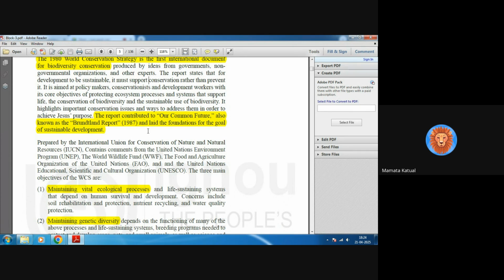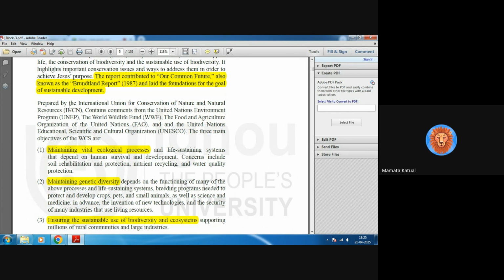It was prepared in 1987, and it laid the foundation for the goal of sustainable development. Today we know about sustainable development and its different goals, and their foundation is in the Brundtland report, so it is very important.